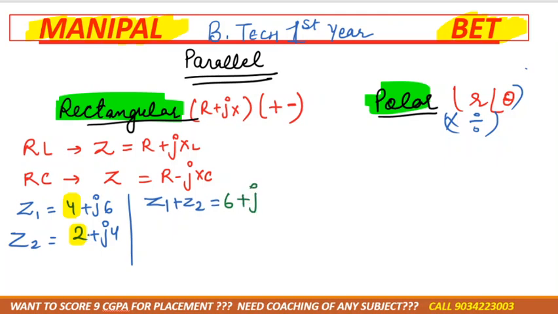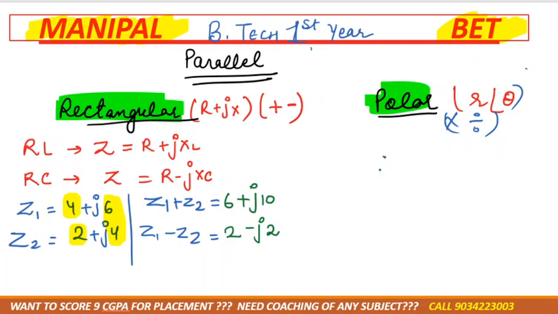Plus the imaginary term is added with the imaginary term, that is 6 plus 4, so 10. Similarly we can do Z1 minus Z2. 4 minus 2 is 2. j6 minus j4 is minus j2, right? Correct?